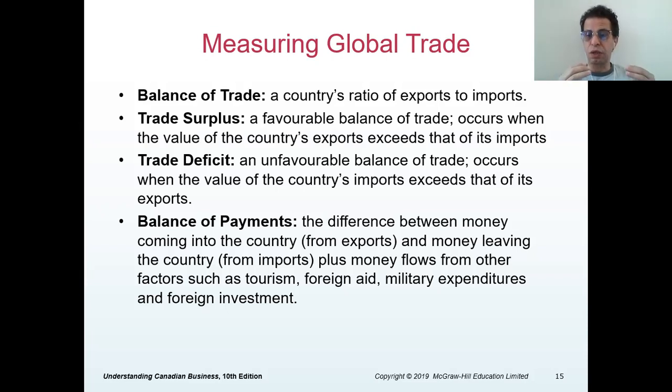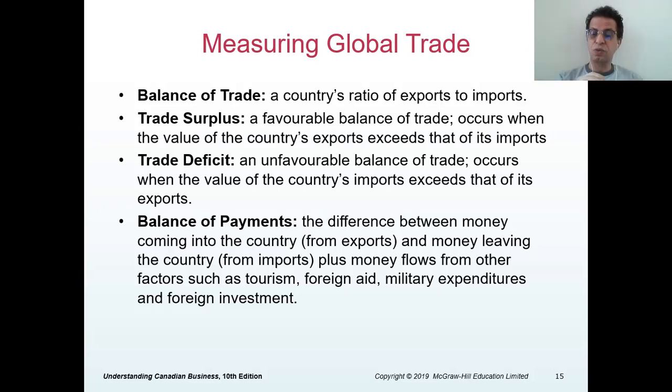So what's happening there is what you call the balance of payments, which is the difference between money coming into the country from export. So you're exporting, you're getting your money, and the money leaving the country is called import. So you're importing, you pay money, plus the money flows from other factors such as tourism, foreign aid, military expenditure, and foreign investment.